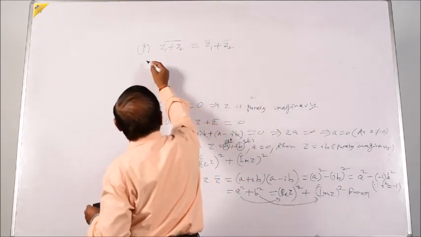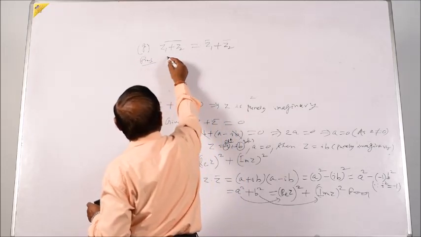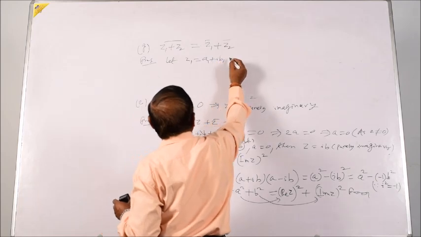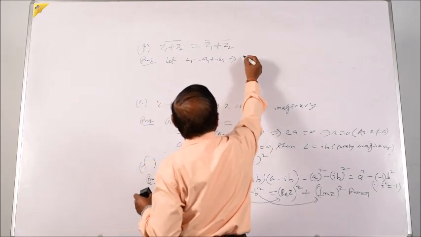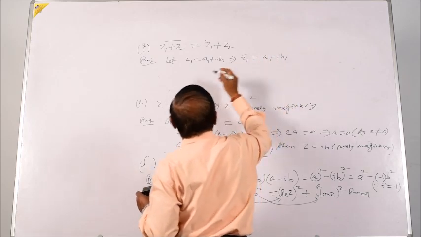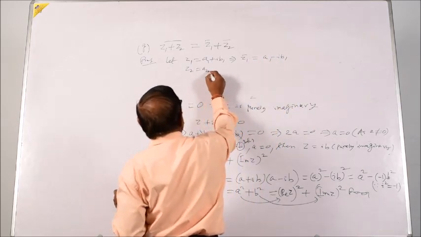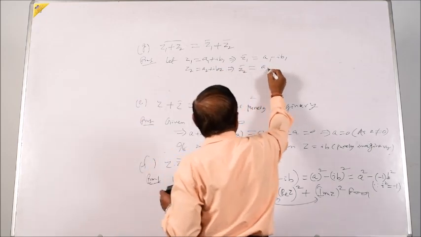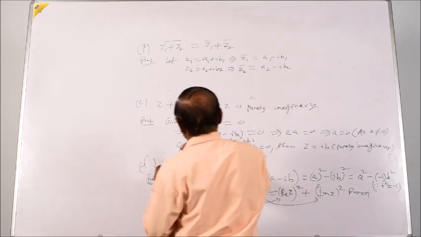Let's prove this. Let z1 is a1 plus ib1, that implies z1 bar is a1 minus ib1. z2 is a2 plus ib2, implies z2 bar is a2 minus ib2.